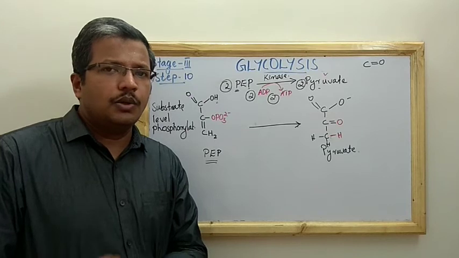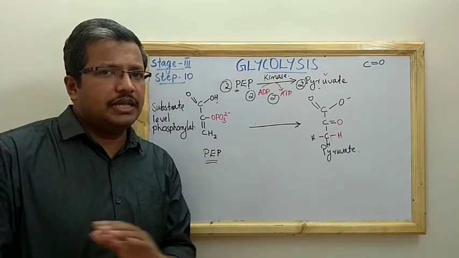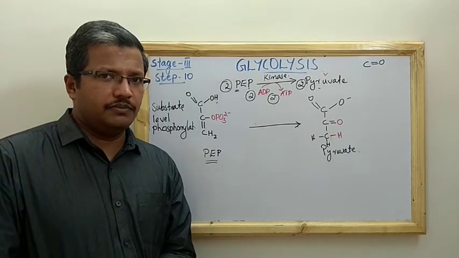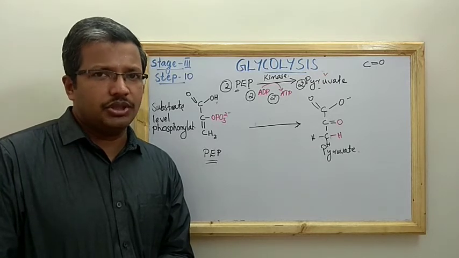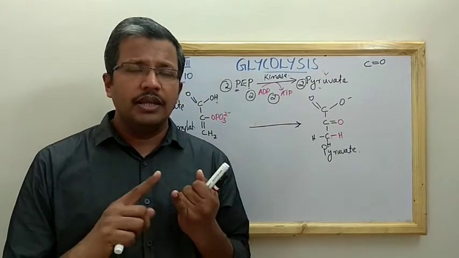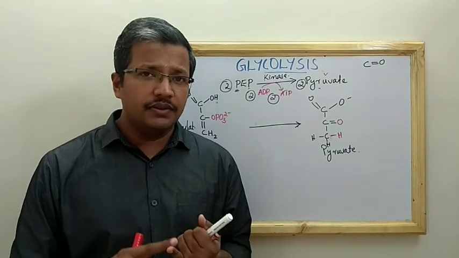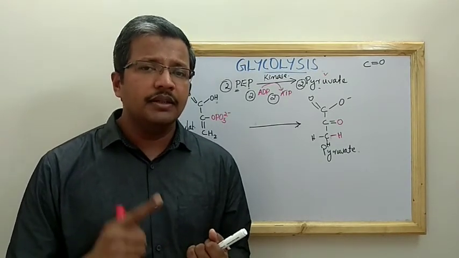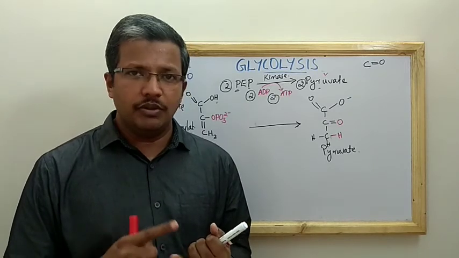Clear? So let us revise the concept with the energy balance sheet. Now let us see the energy balance sheet of glycolysis. Before that, just recall glycolysis. It happens in 3 stages. The first stage is trapping and conversion of glucose into a cleavable form.